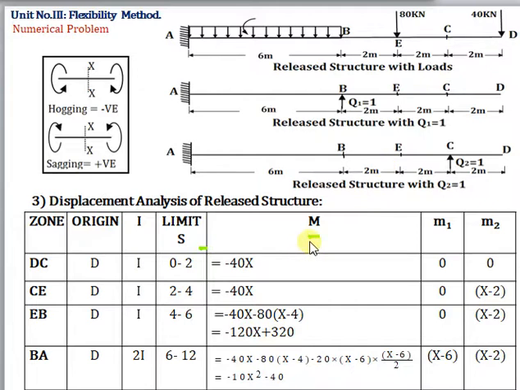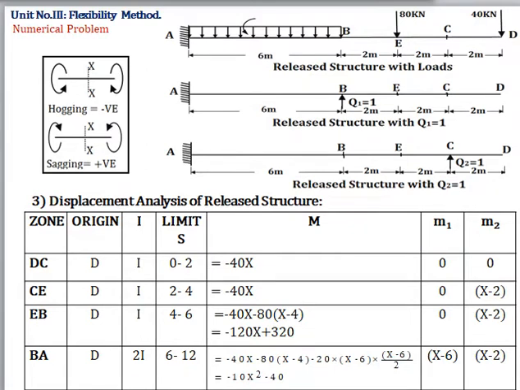That we call capital M, and for that we consider the first diagram, where we release the redundant force, keep the load as it is, and find the moment for each zone. Then we also calculate M1 for the second release structure with the redundant force Q1 equal to 1, and then we calculated M2 for the second redundant force Q2 equal to 1.